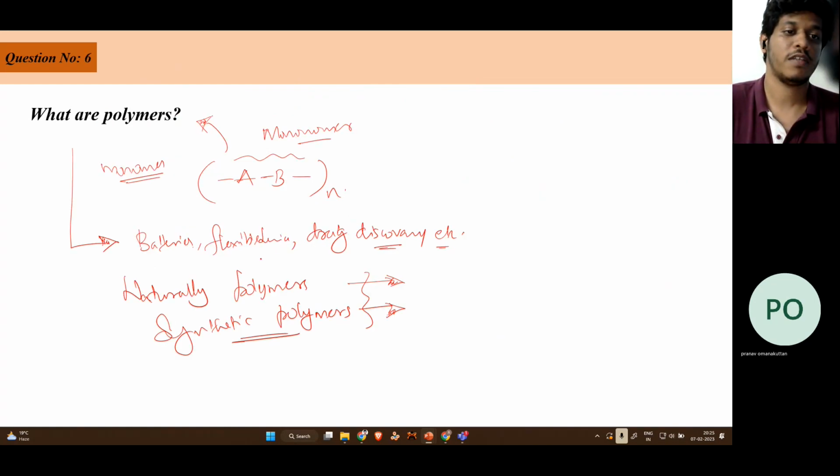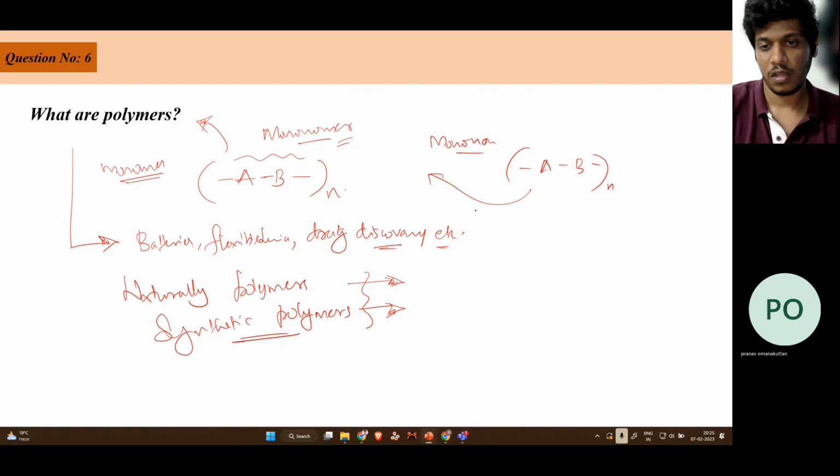And the other kind of material is polymers. A polymer is a long chain of the same monomers. For example, if you have a monomer which is repeated for a very long chain, then we call this a polymer. So a polymer is a long chain of basic chemical units called monomers.